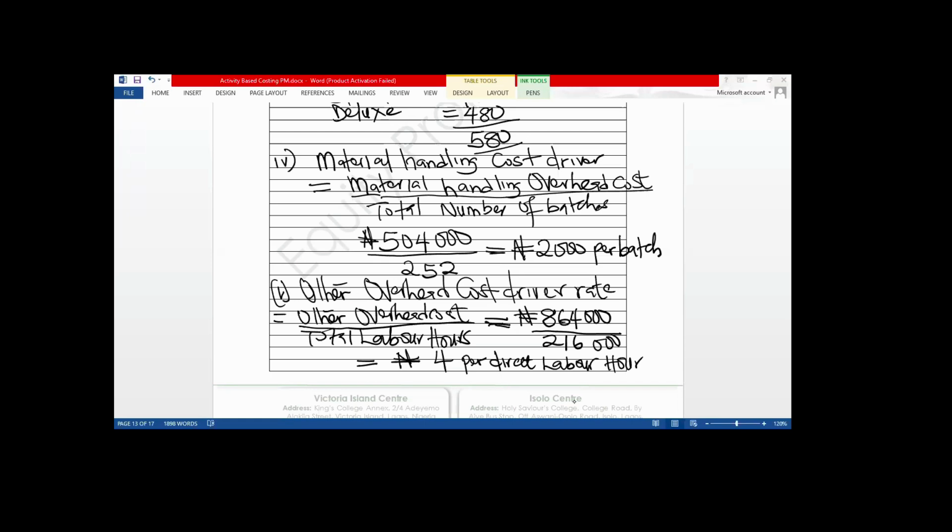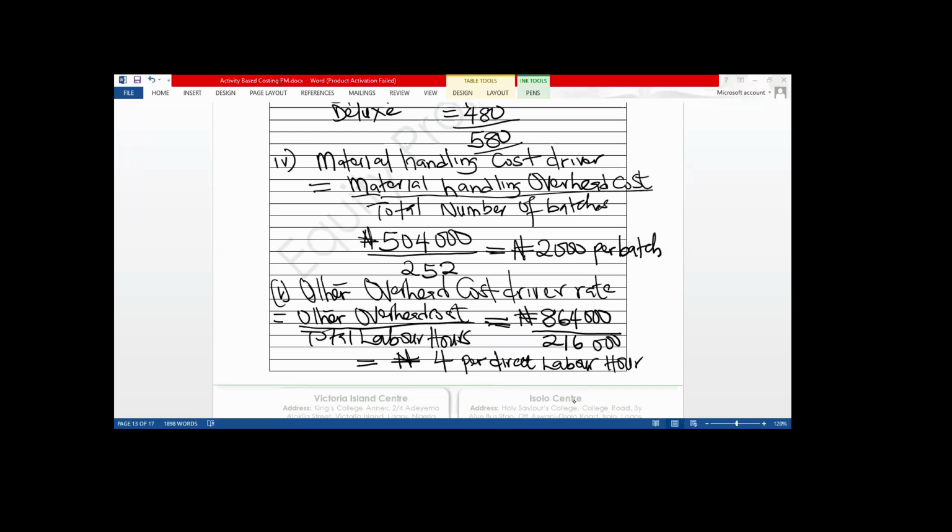Now, let me quickly say that for some of us that sat for the last diet exam, November 2024 diet exam, this question was tested. This question was solved in the class, and it was repeated in the exam. What the examiner did was to multiply all the figures by 5. Volume of production, in this question you have 24,000.